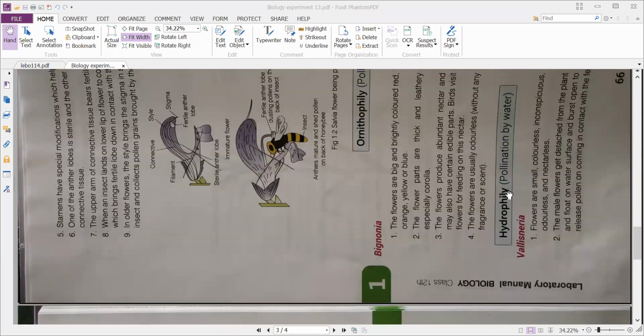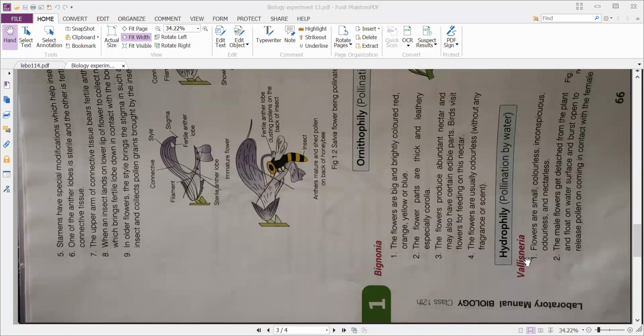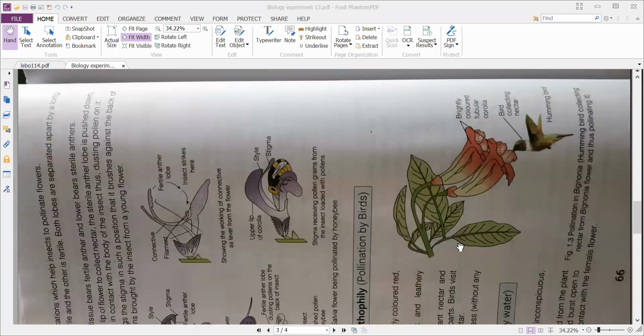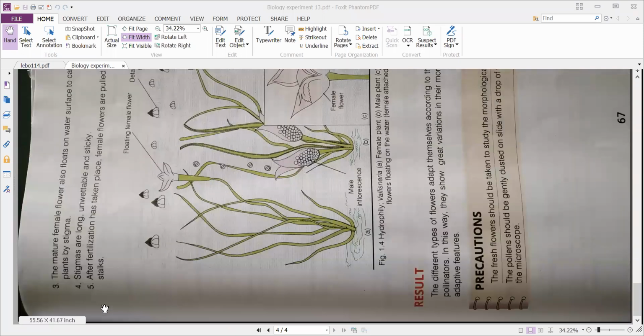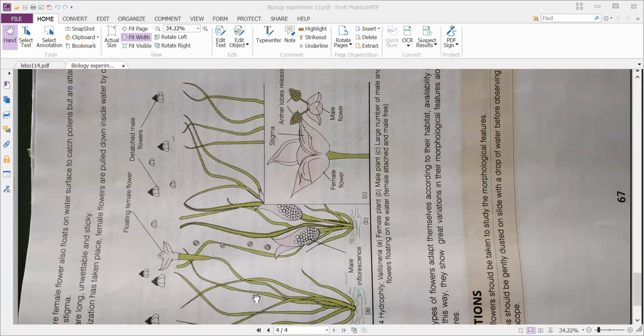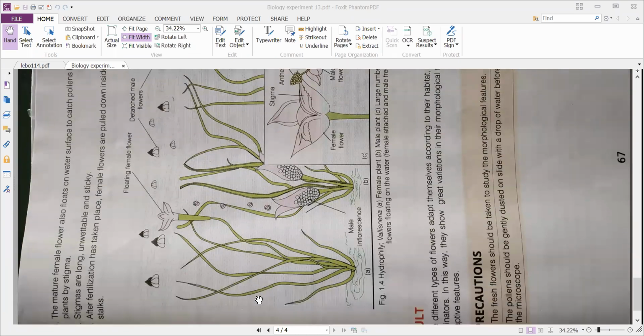And next, hydrophily, that is pollination by water. Vallisneria. Related to this Vallisneria, you have to write on the right side, and here you can see the diagram. The diagram you have to draw on the left side.